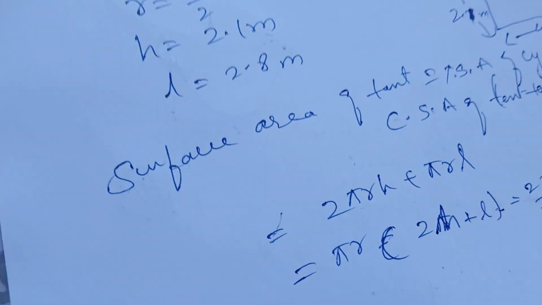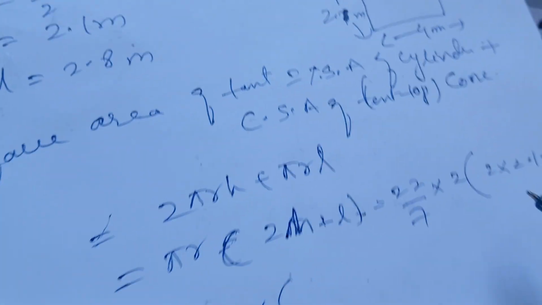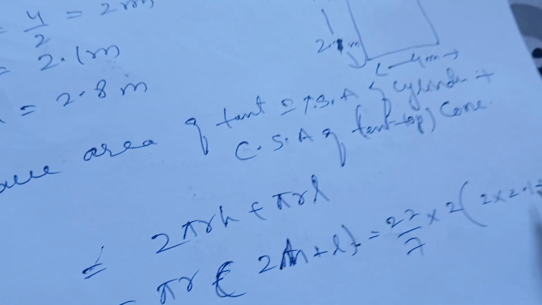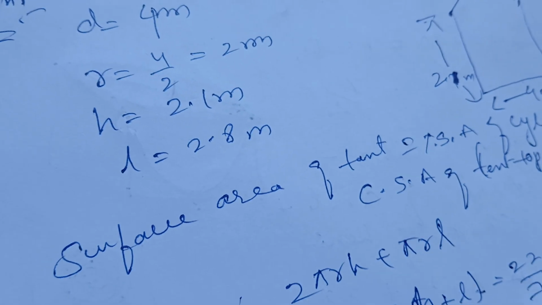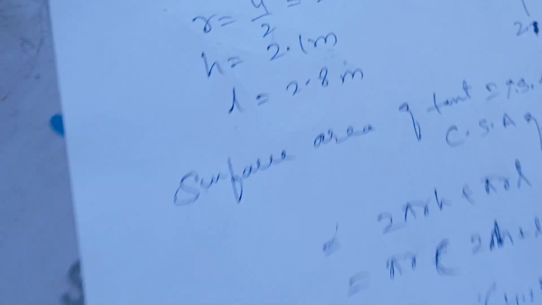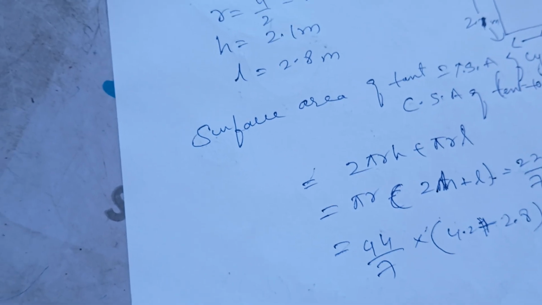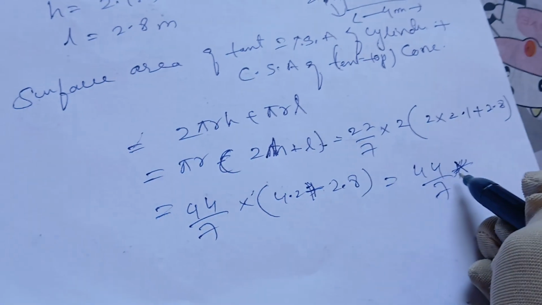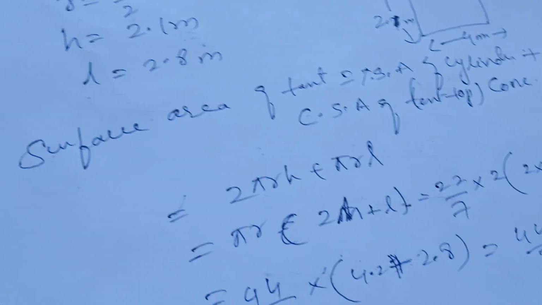22 into 2 will be 44. 44 by 7 into the bracket, what is there in the bracket, 2 into 2.1 will be 4.2, 4.2 plus 2.8 will be 7.